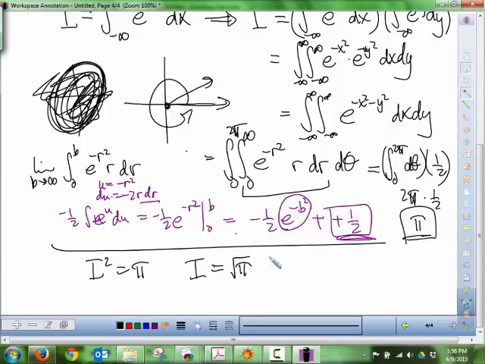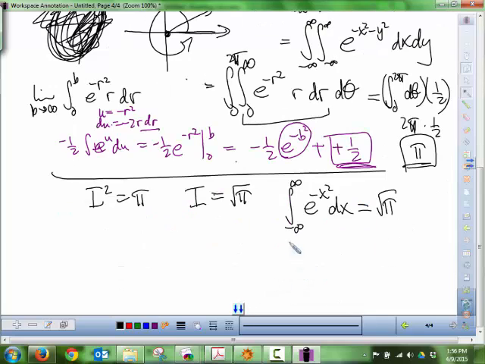Okay? So that means this integral from minus infinity to infinity of e to the minus x squared dx is actually equal to square root of pi, right? So if we want this to be equal to 1, we have our standard normal distribution, 1 over square root of pi, integral from minus infinity to infinity, e to the minus x squared dx.